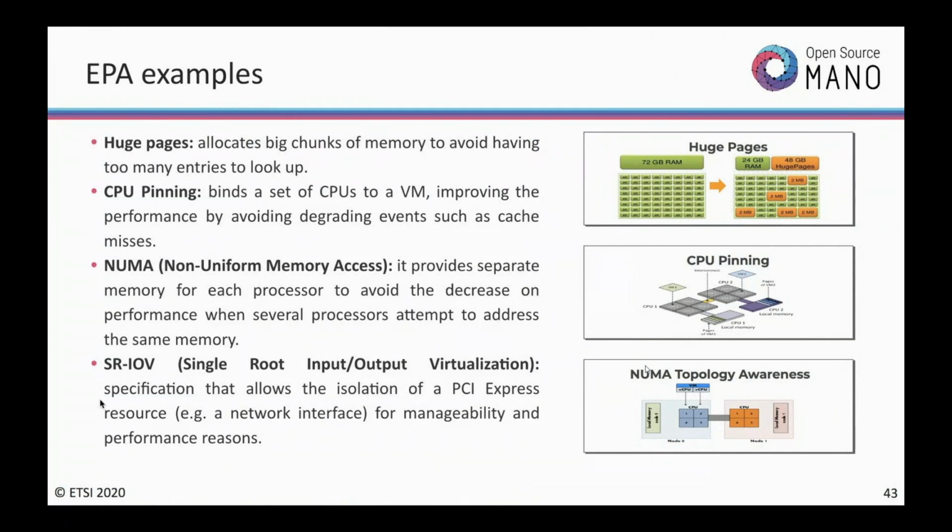Then we have another popular technique that we can put under the umbrella of EPA, which is SR-IOV, a technique for connecting the NIC to the VM directly without going through a virtual switch, so that it can reach almost the throughput of the NIC.